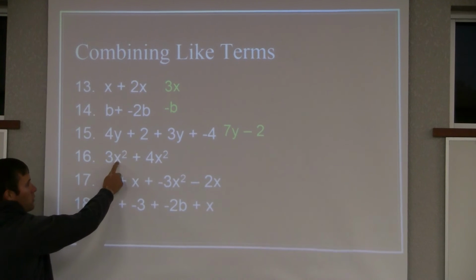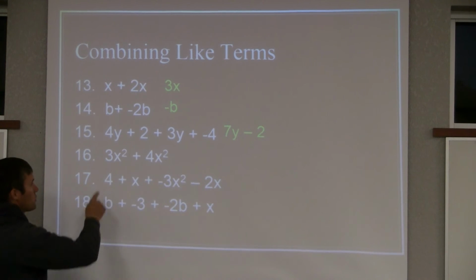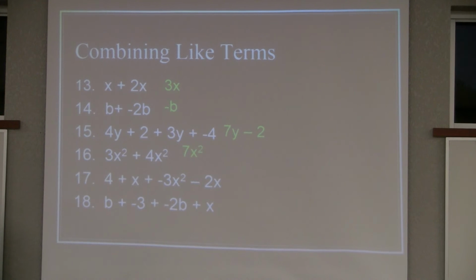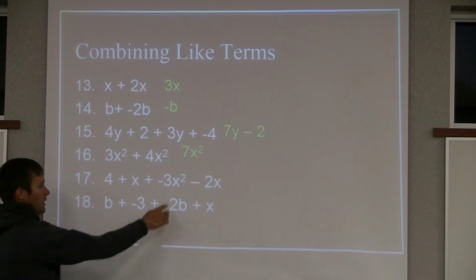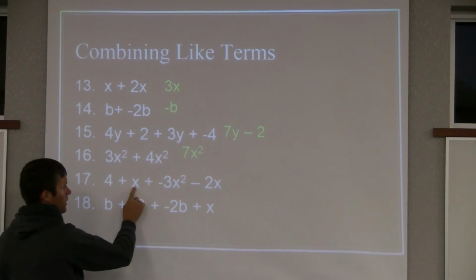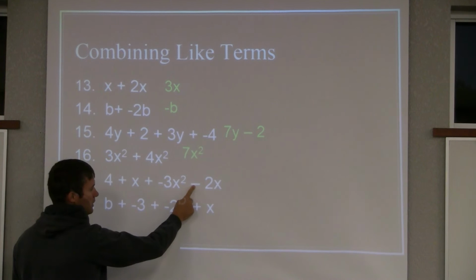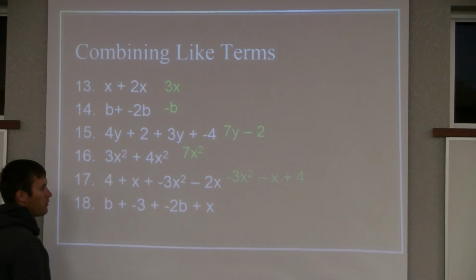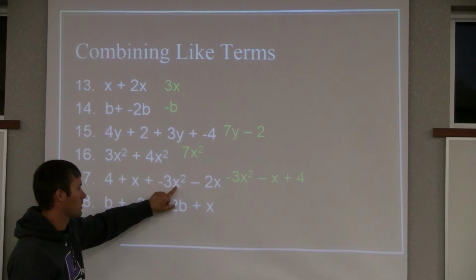You have x squared and x squared, so they're like terms. So we go 3 plus 4 is 7x squared. Keep it the same. You have an x squared and an x, so this is not like terms. But I can combine 1x minus 2x, or 1 minus 2 is negative 1. And then I still have the 4 left over and the x squared left over.